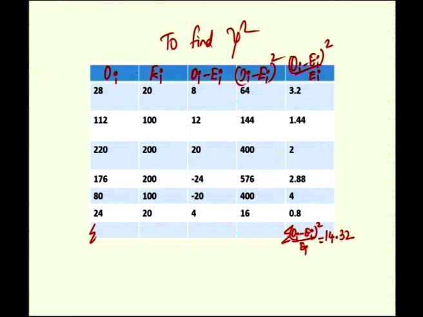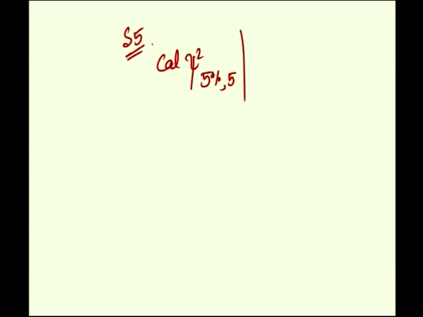Here summation Oi is 640 and summation Ei is also equal to 640. Okay. So, now we have calculated the chi-square value and come to the comparison step. Therefore, calculated chi-square at 5% level of significance, 5 degrees of freedom is equal to 14.32.